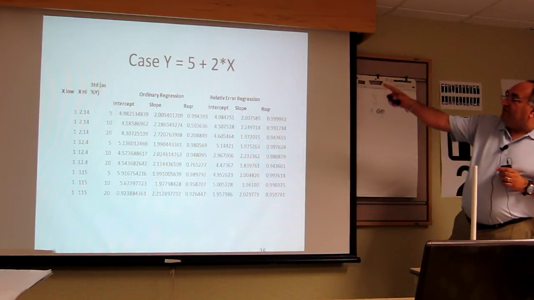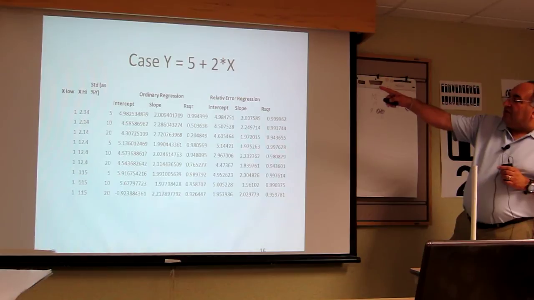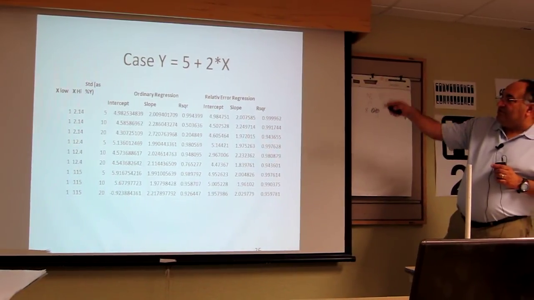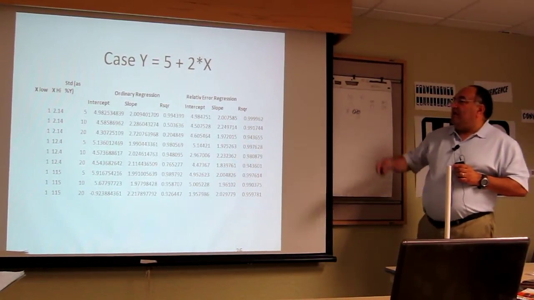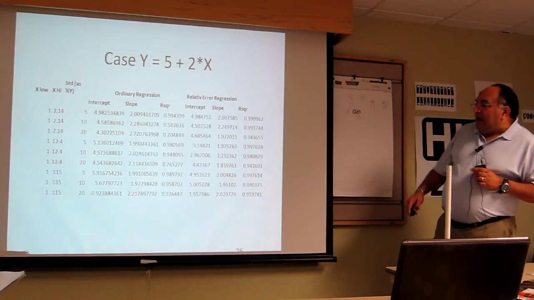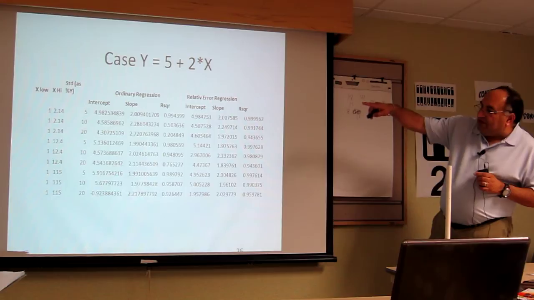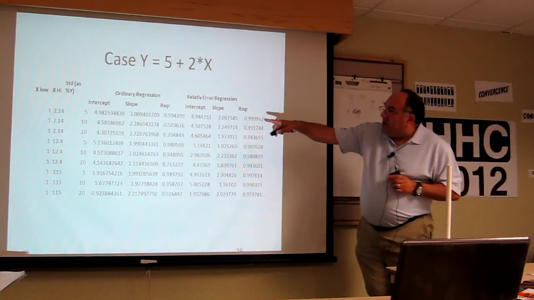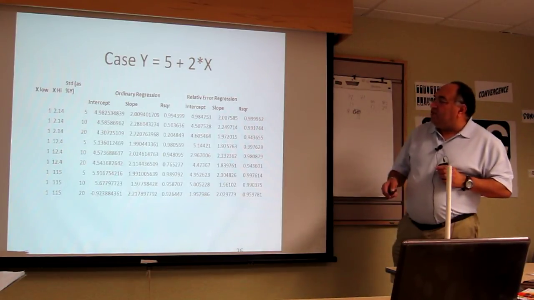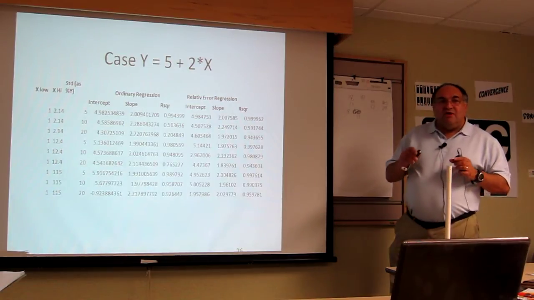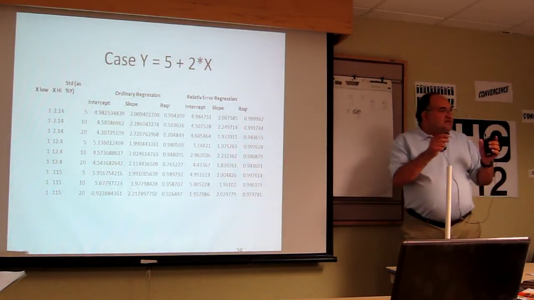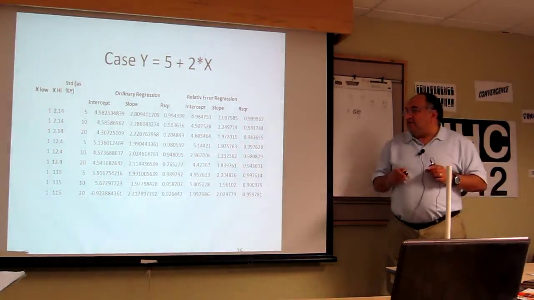Here's a case of, originally the straight line was 5 plus 2x. And of course I added the normal errors. I have three groups of three ranges. The first range is from 1 to 2.14. So the values stay pretty much in the same order of magnitude.